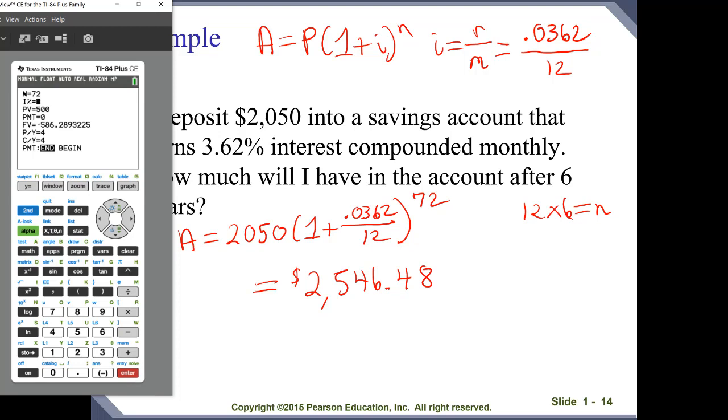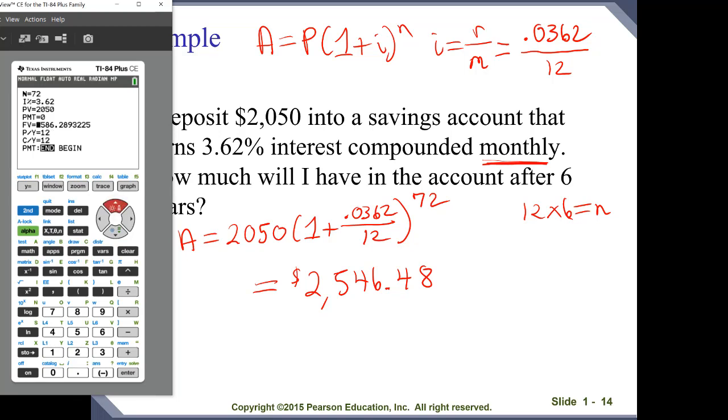My interest rate is 3.62%. So 3.62, Enter. And for any of these, I could use the arrow keys instead of Enter as I'm moving through here also. Present value is what I deposited, so that's $2,050. And then this is compounded monthly, we have from our problem. So my P/Y and C/Y are both going to be 12.